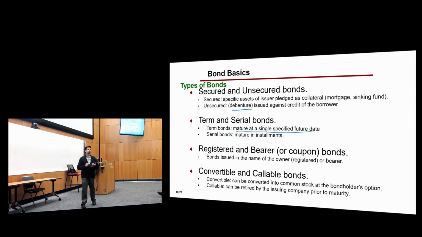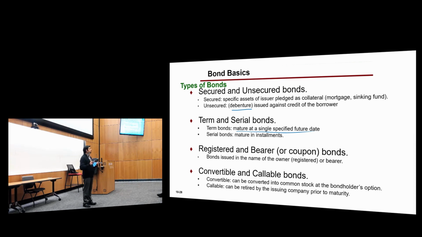Convertible and callable bonds. So convertible bonds are bonds where the owner of the bond, basically the person who is buying that bond, not the company who is issuing the bonds, has the right to convert those bonds to stocks, to common stock.